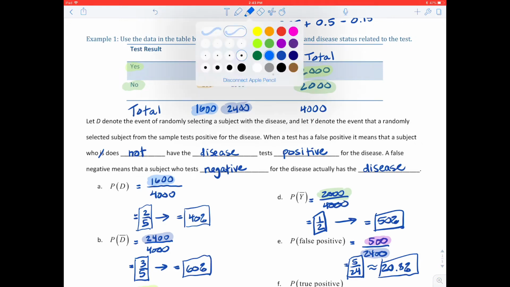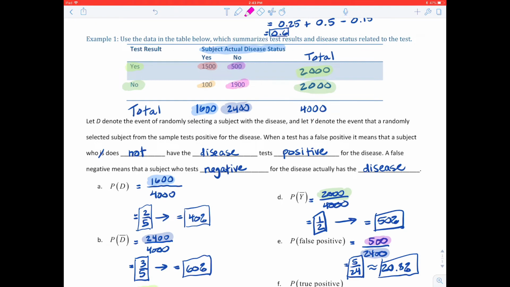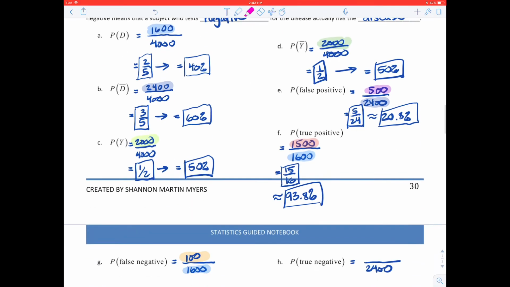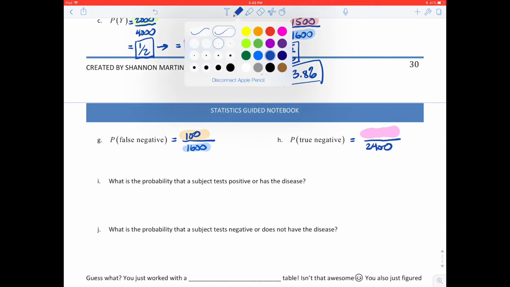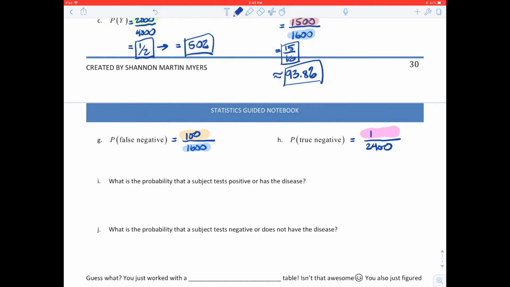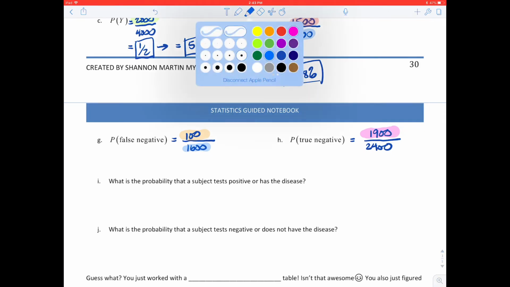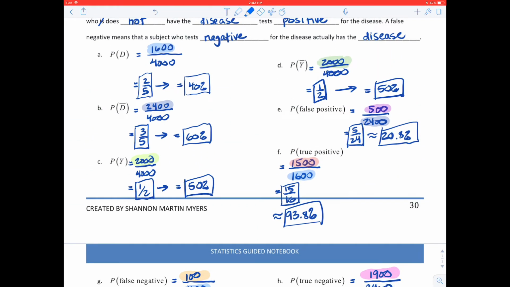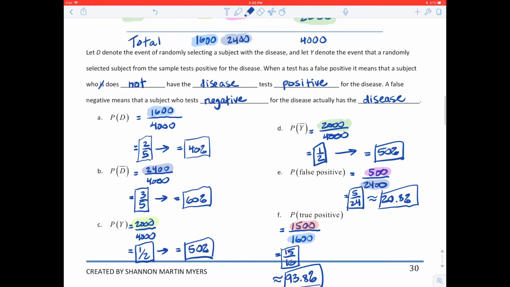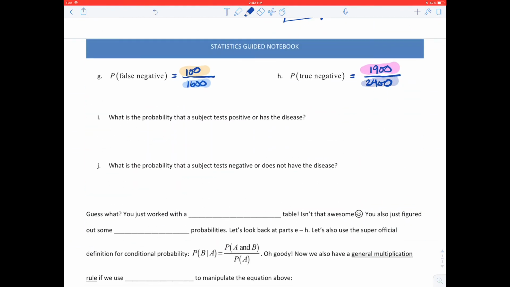And so here is the 1,900. And then remember the 2,400 was, oops, wrong color. The 2,400 was this highlight. Good so far?